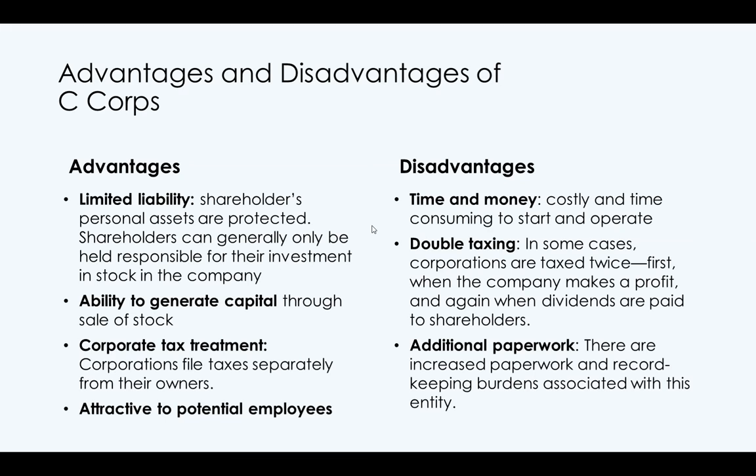It sounds like it has lots of resources. And they usually do have better access to a larger pool of labor suppliers. And then some disadvantages. It obviously is complex, starting up and continuing and administrating. The double taxation, the fact that the corporation and the individual stockholders must pay, is obviously something bad. And then the additional paperwork that goes along with the first one, the complexity in it.